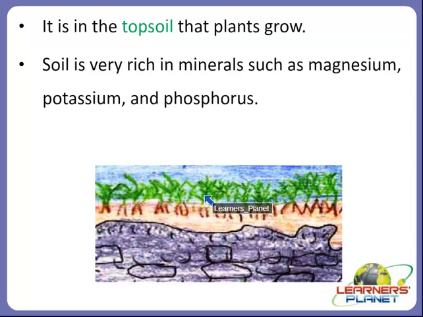Even animals like earthworms and snails also make the soil loose by turning it. So in short, topsoil is very important as it is very rich in minerals which enables the plants to grow. So soil is also very important.